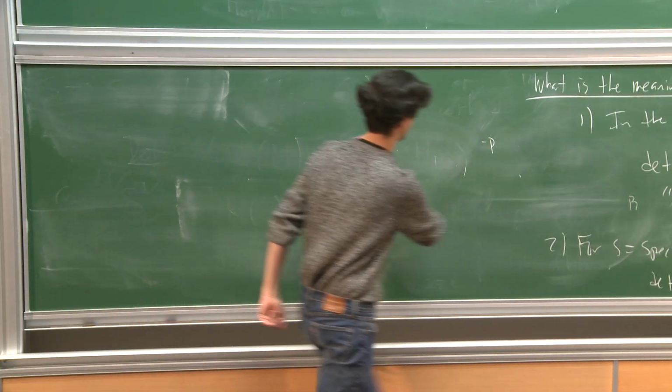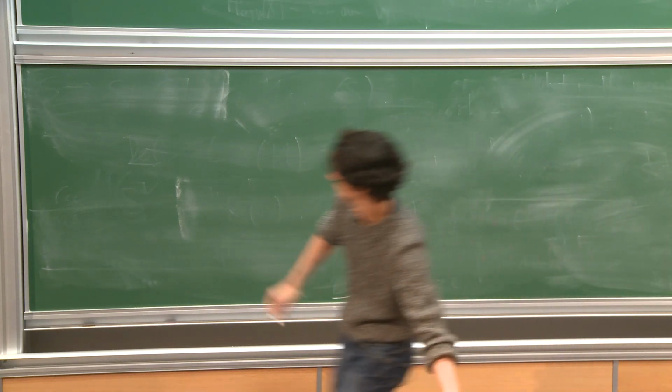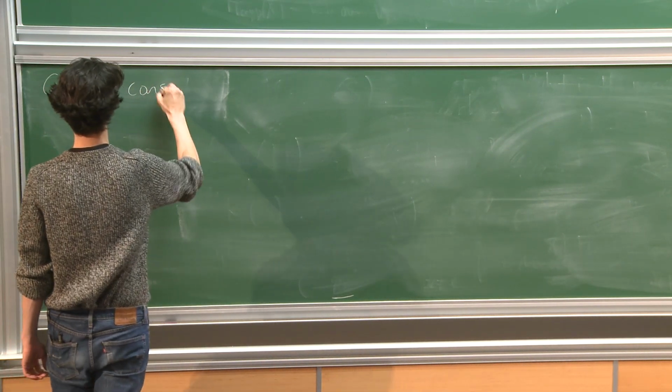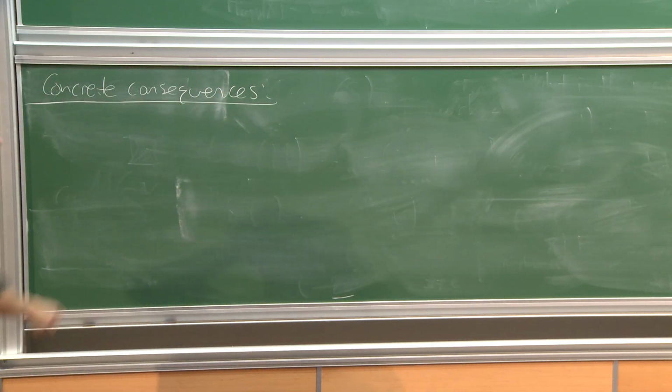So now let me try to explain what this is saying concretely, or what you can concretely extract out of this conjecture. Well, the first thing we can look at is just dimensions.